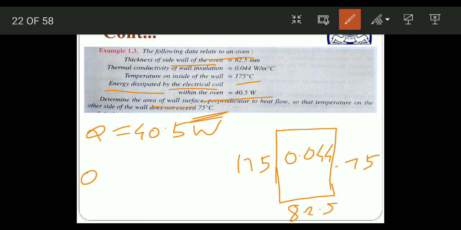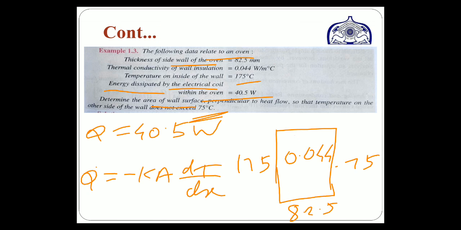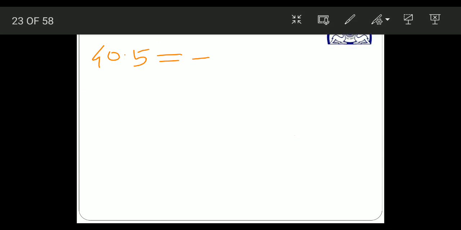So this is again a simple question. Q dot is equal to minus kA into dT by dx. All quantities are given, so put the values here. Q is given 40.5 watt, equal to minus thermal conductivity 0.044.